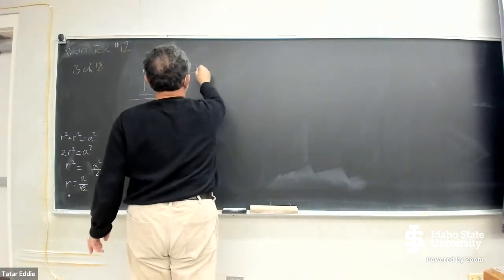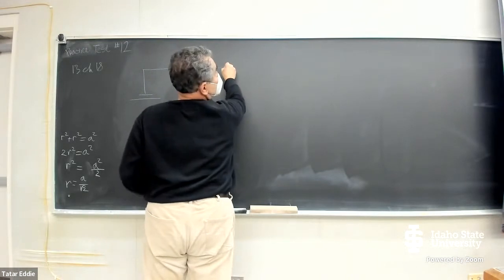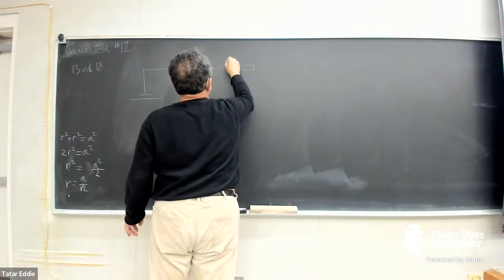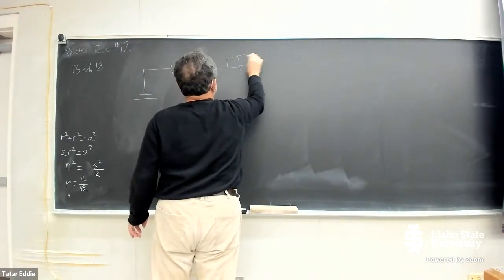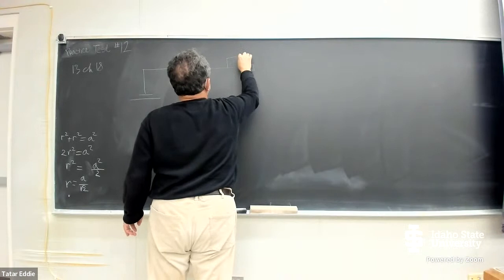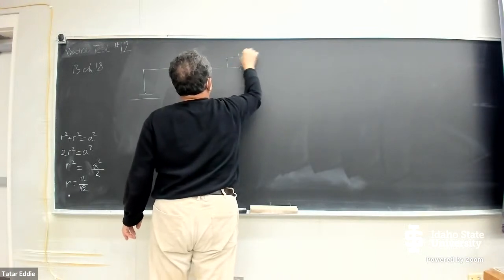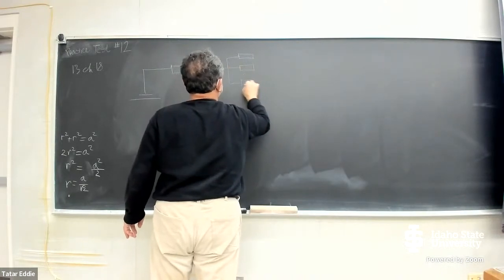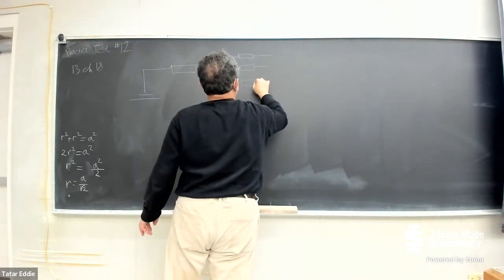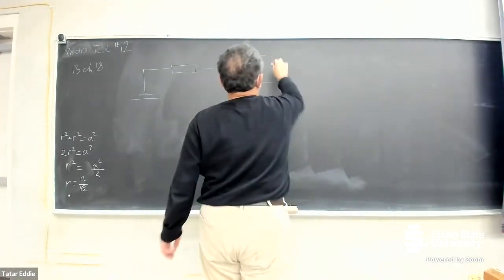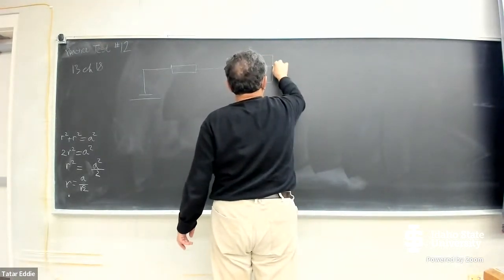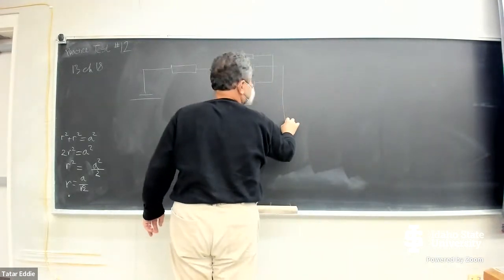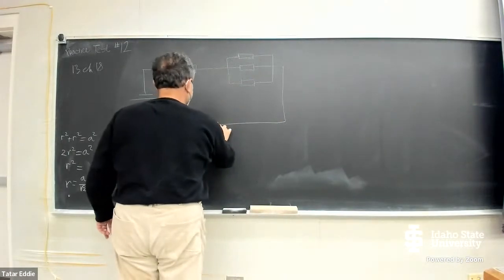You have a system of 3 resistors here, and that system looks like this. You have one, you have a second one, and you have a third one, this. And they're connected like this.